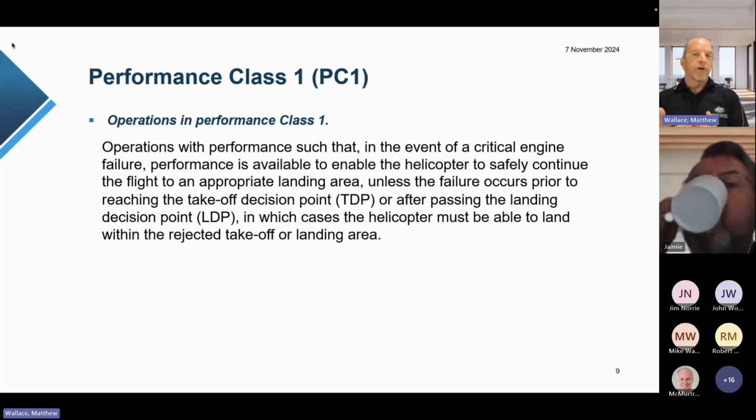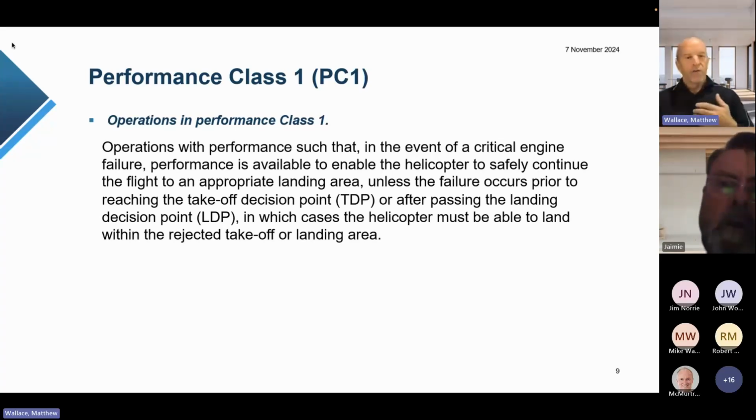So all it's saying is that if I have an engine failure prior to TDP, I can land back onto the runway, and the same with the landing. After I'm committed, I can then actually use the runway as I haven't got a rejected takeoff distance.